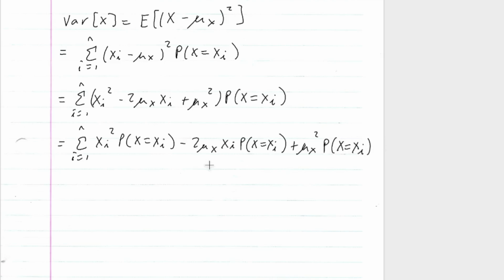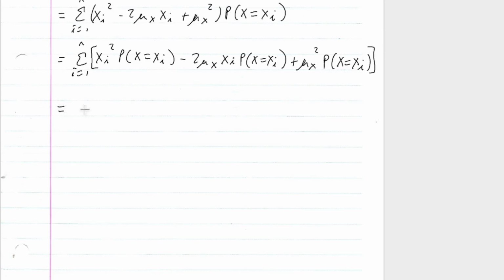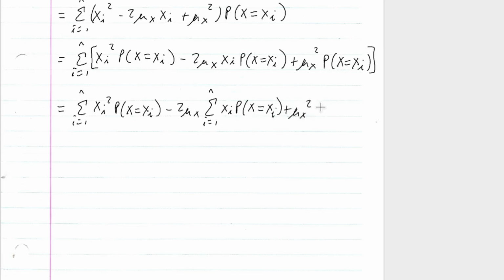All right, and now this whole thing is one sum, but of course we can separate these sums. So this is equal to the sum from 1 to n of X_i squared times the probability that X is equal to X_i, minus 2 mu of X times the sum from 1 to n of X_i times the probability X is equal to X_i, and then plus mu of X squared times the sum from 1 to n of the probability that X is equal to X_i.